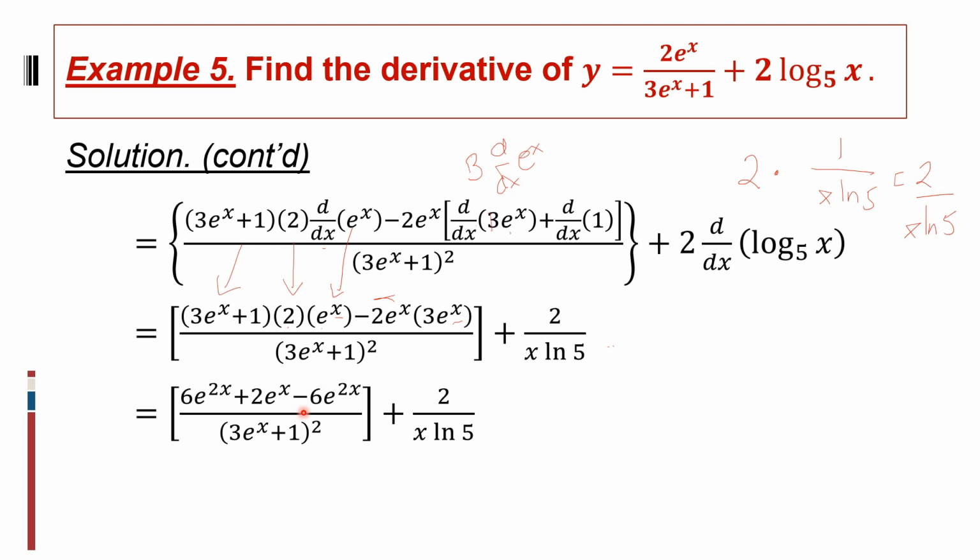We have negative 6 times e raised to 2x over the square of 3 times e raised to x plus 1. Plus, syempre, meron pa tayong 2 over x ln 5. Notice na pwede nating tanggalin to. Maka-cancel out yan. Therefore, we have 2 times e raised to x all over the square of 3 times e raised to x plus 1 plus 2 over x ln 5.